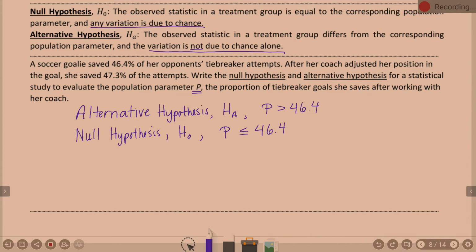Now, what I will say on that is if you can pick out one of these, you are usually able to find the pair in the homework. Okay, that was my success. If I was a little hesitant of what they wanted for the other one, if I could pick out that the alternative hypothesis is going to be greater than 46.4, I was usually able to pick out the correct pair. Okay?